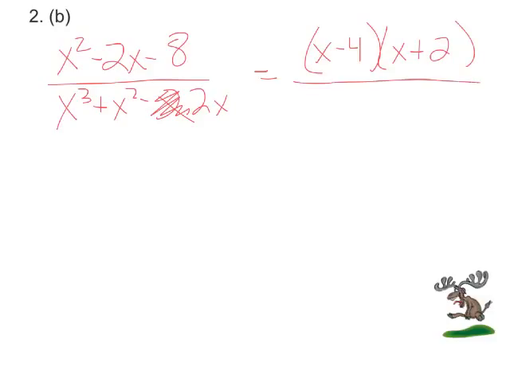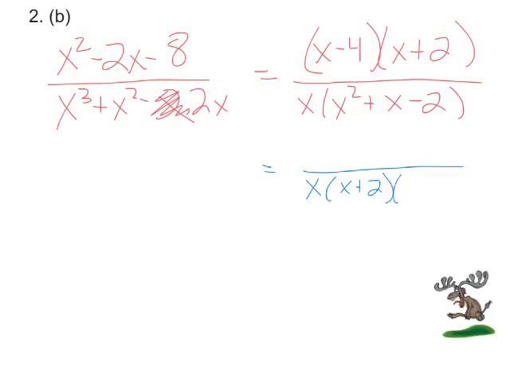And the denominator, we can pull an x out, so I'll do that first. We're left with x squared plus x minus 2. Factoring the denominator further, we get x times x plus 2 times x minus 1. And our numerator stays unchanged.